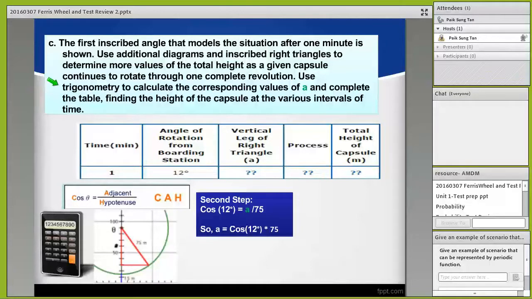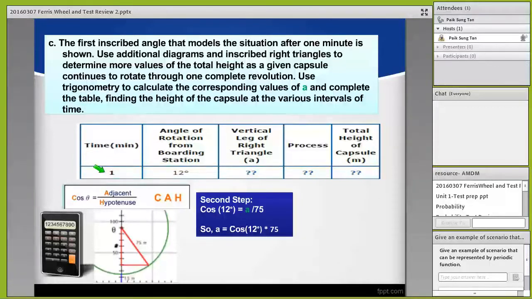Use trigonometry to calculate the corresponding values of A and complete the table, finding the height of the capsule at various intervals of time. So, meaning complete the table.